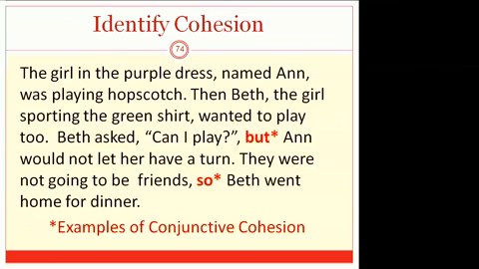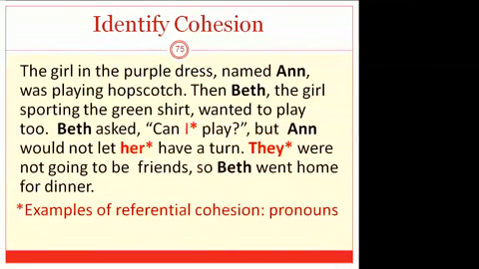In this narrative, we can identify instances of conjunctive cohesion in the use of the conjunctions but and so. In addition, we have examples of the use of referential cohesion with the pronouns I, her, and they.